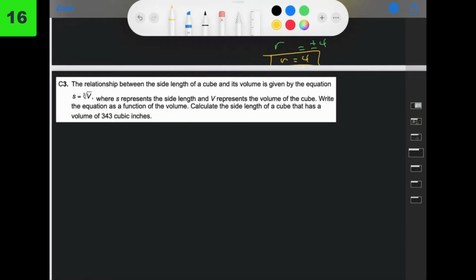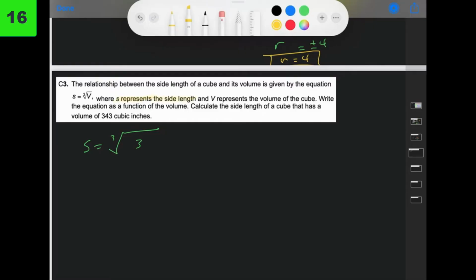The relationship between the side length of a cube and its volume is given by the equation S equals cube root of V. Let's write that. S equals the cube root of V. Okay, now it's going to tell us some things. I'm using my highlighter.